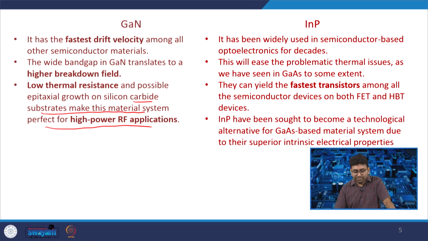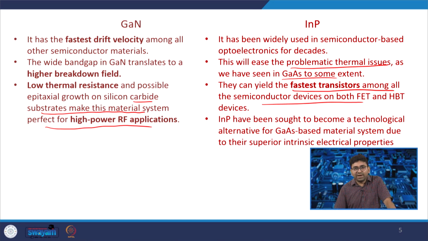Now, indium phosphide has been widely used in semiconductor based optoelectronics for decades, and this will ease the problematic thermal issue as we have seen in GaAs to some extent. So, that is the advantage here also, and they can yield the fastest transistors among all the semiconductor devices, in both FET and HBT devices.